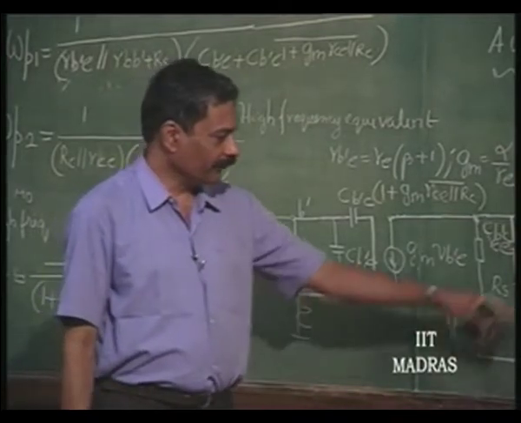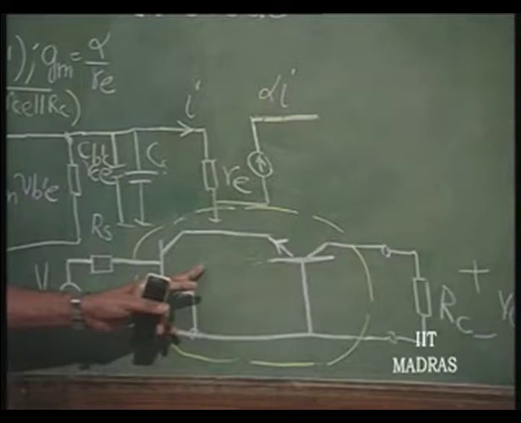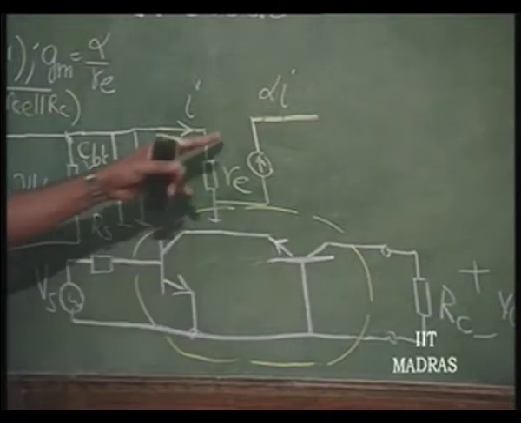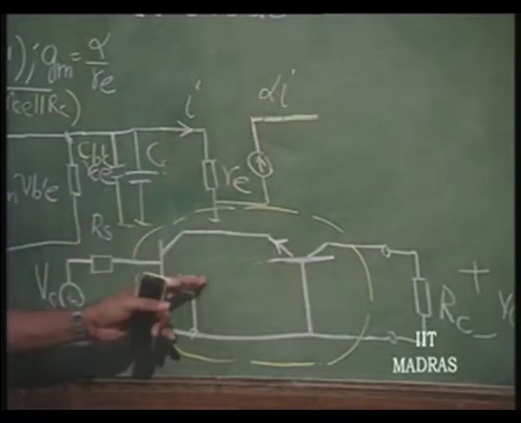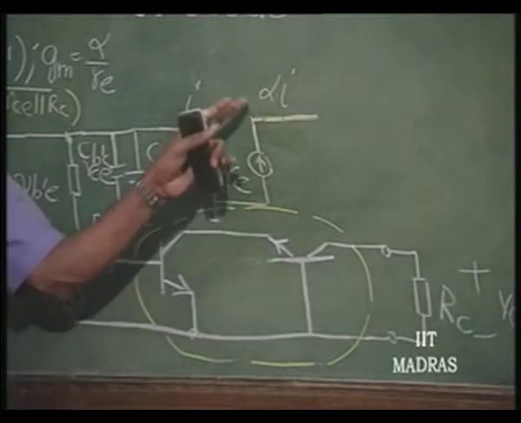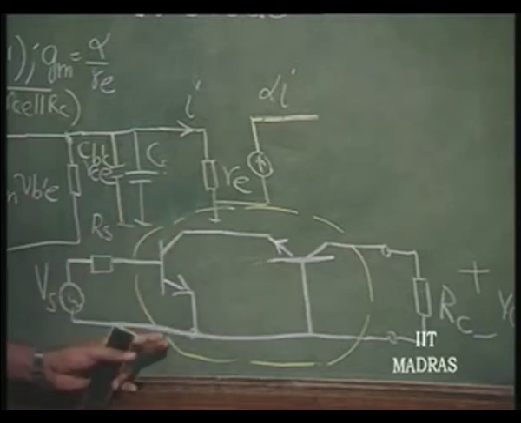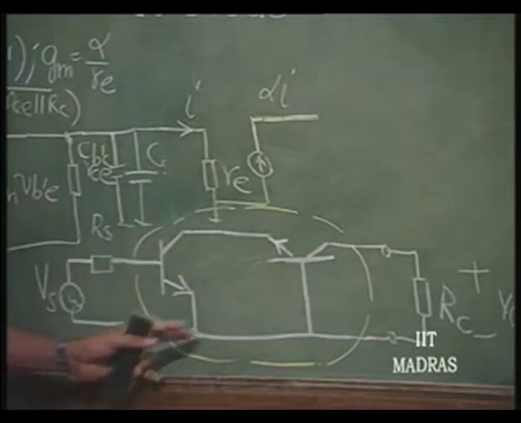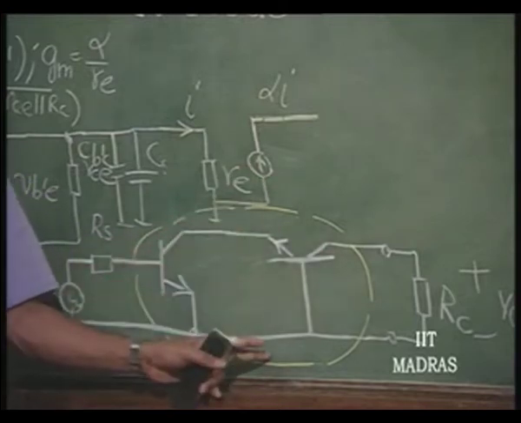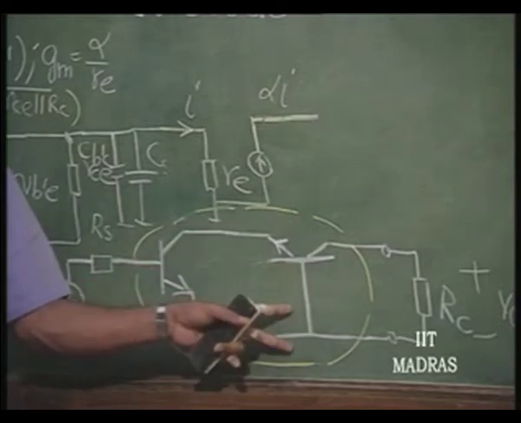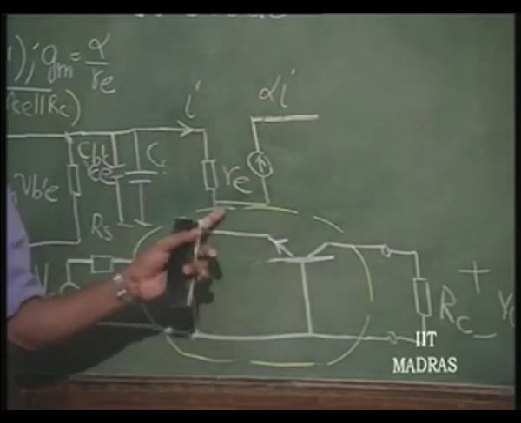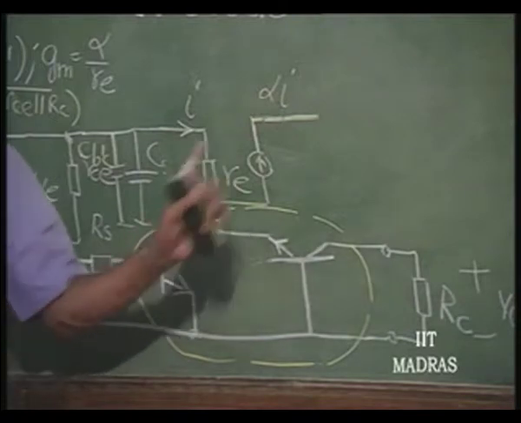So, if common emitter is having a current gain which is beta, its cutoff frequency let us say is 100 megahertz, then if the beta of the transistor is 200, this will be 200 times 100 megahertz. Since we are going to use the common emitter only in the range of 100 megahertz, there is no point in replacing this by its common emitter equivalent circuit and then finding out what the common base equivalent is. You can as well replace it by the common base equivalent, which can be the low frequency equivalent.